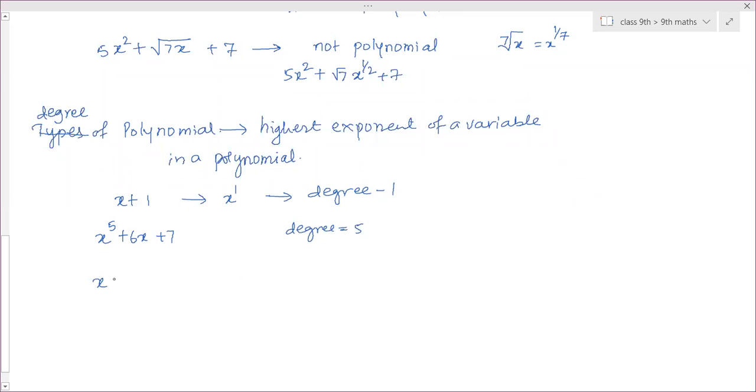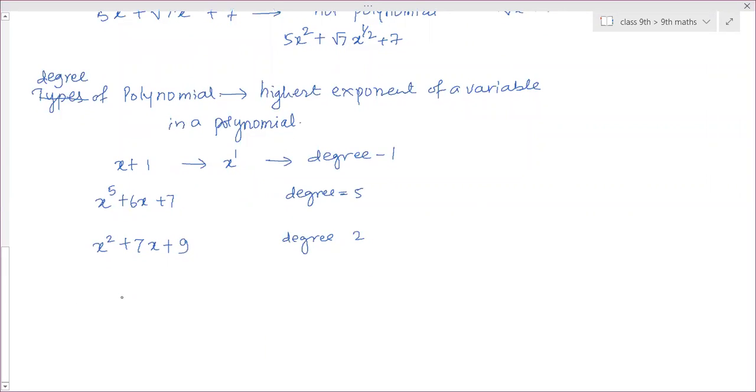Now x square plus 7x plus 9. Degree is 2. Now next, in this one, the degree is 3.